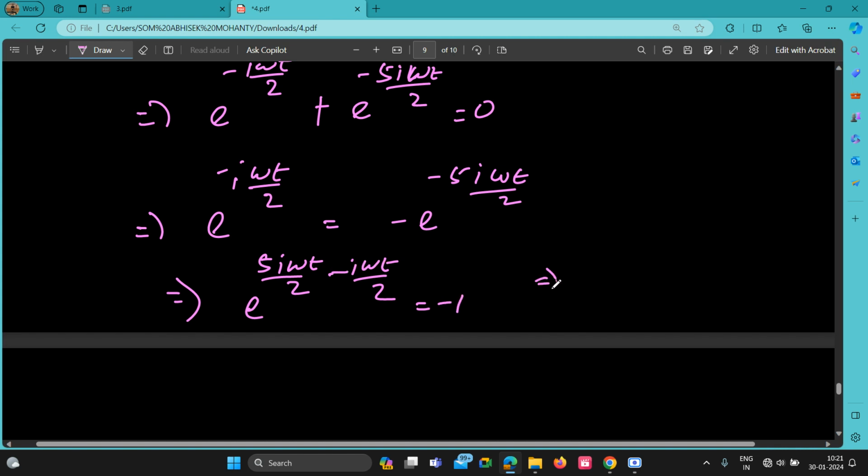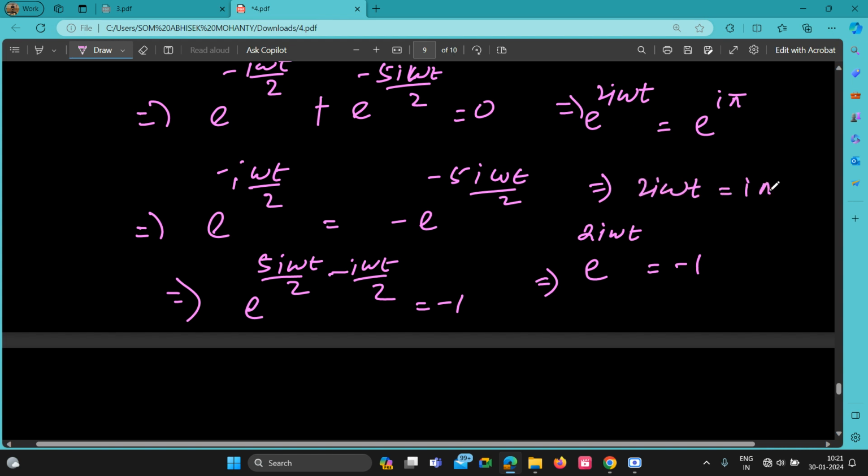That is e to the power 2 i omega t is equal to minus 1. We know e to the power i pi is minus 1, so 2 i omega t is equal to i pi. The i cancels, so t is equal to pi by 2 omega.